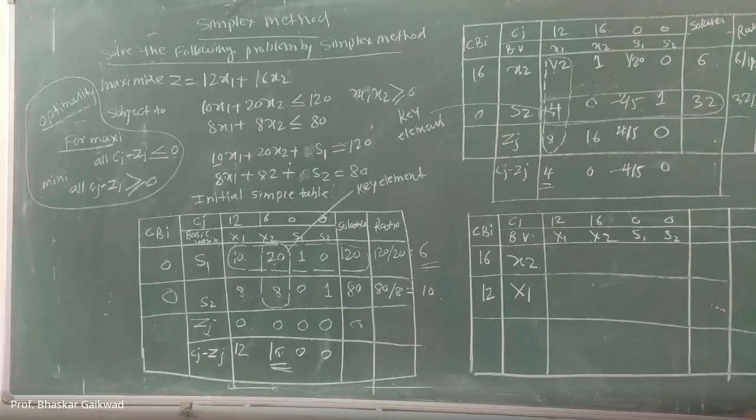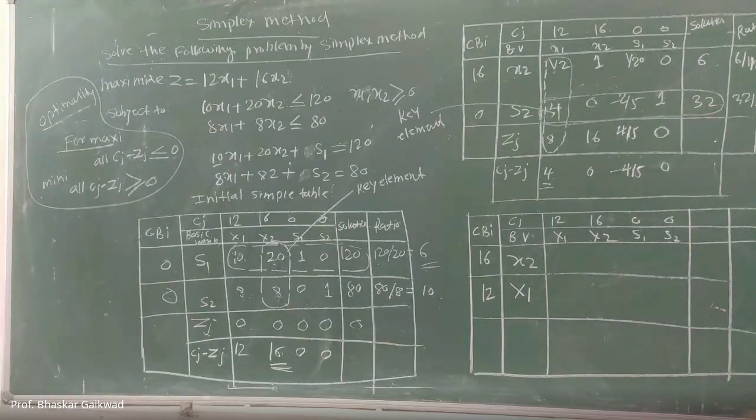So in next table, the key element in our second table, that is 4. That means S2 is leaving variable, and in place of S2 there should be X1, and coefficient of same is 12. You can write as it is, and after this you can find out the value of each. Now value of each, how to find out?